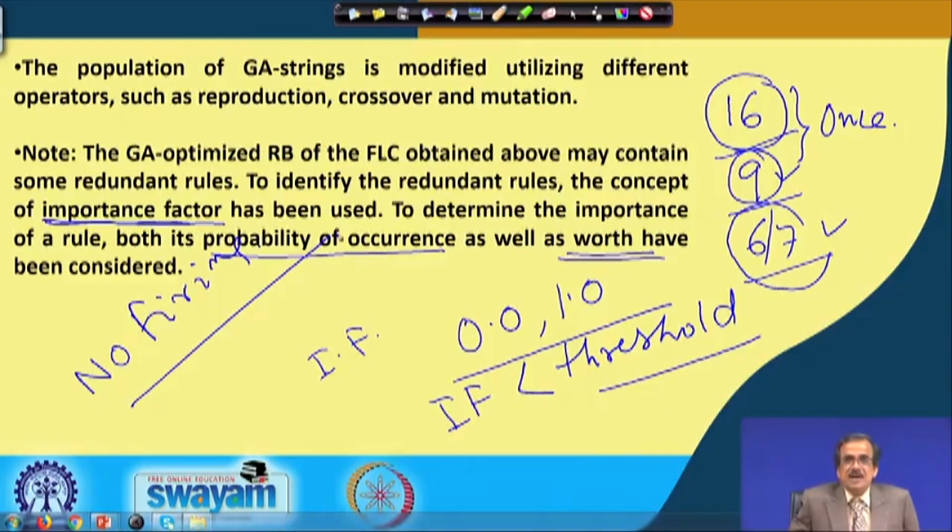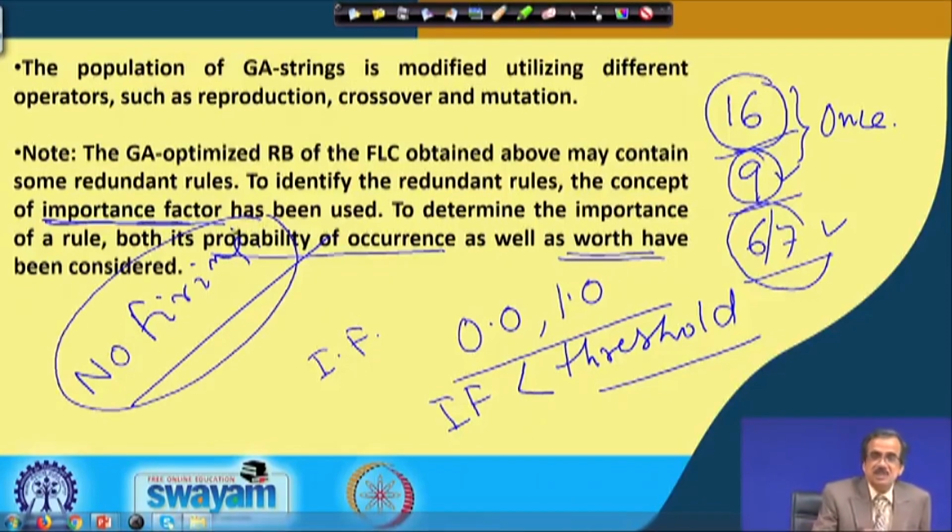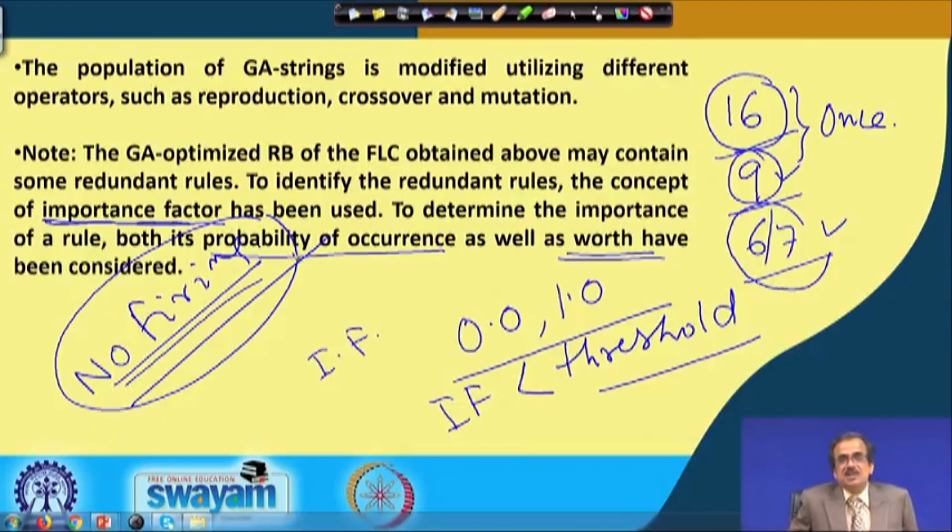So, we cannot find the output for this set of inputs. That particular situation is the no firing situation. Our aim is to reduce the redundant rules, but at the same time we should take care that there should not be any such no firing or weak firing.